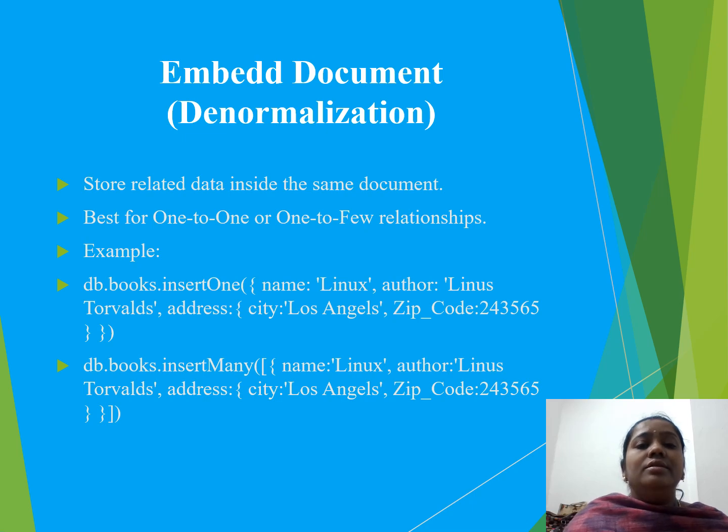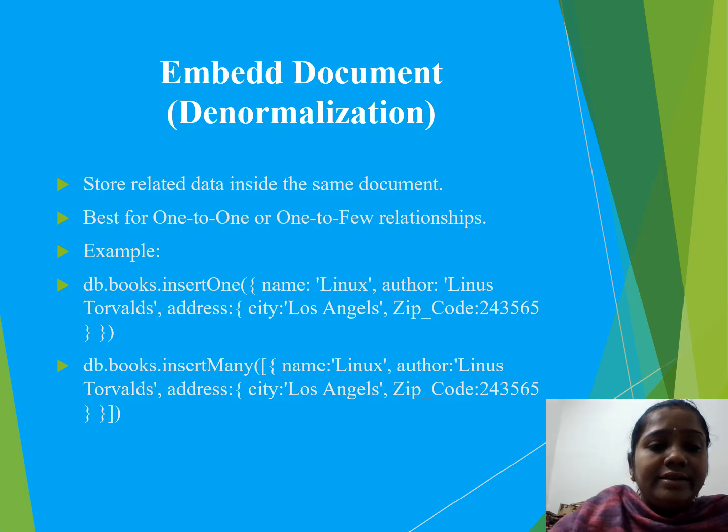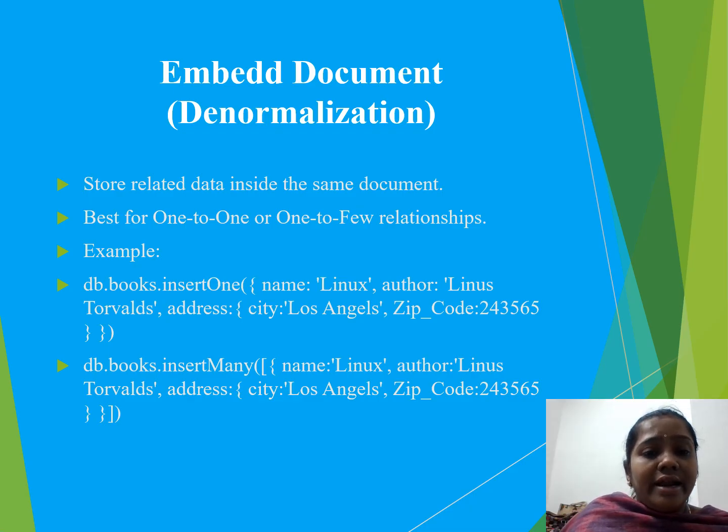When we talk about the implementation methods, the first method, as I suggested, is an embedded document, which is the other concept of denormalization. So when we go for denormalization, we have to ensure that we store related data inside the same document. And it is best for one-to-one relationships and one-to-few relationships. For example, it is given that db.books.insert, where name is given as Linux and author is given as Linus, and we have given the city also.